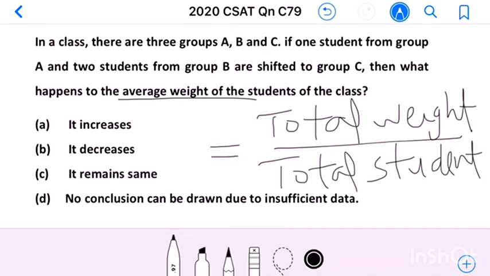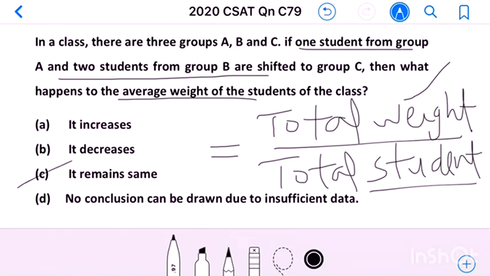Here we can see no student is going out of the class, or no new student is coming into the class. Therefore, the total weight of the students is the same all the time, and the total number of students is also the same. They are just interchanging the group. Therefore, the average weight will be the same. Our answer is option C. It remains the same.